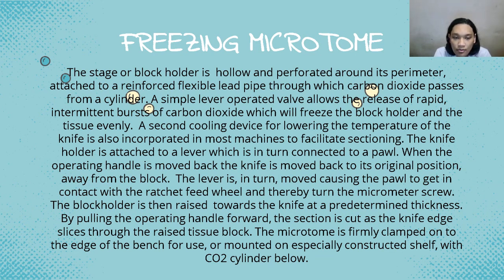By pulling the operating handle forward, the section is cut as the knife edge slices through the raised tissue block. The microtome is firmly clamped to the edge of the bench for use or mounted on a specially constructed shelf with a CO2 cylinder below.